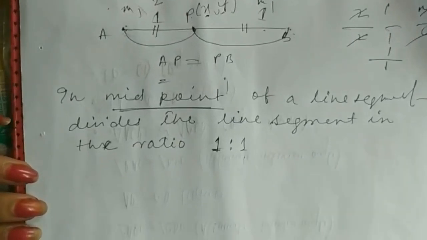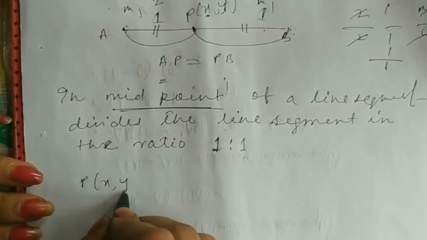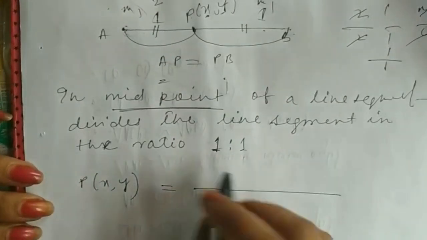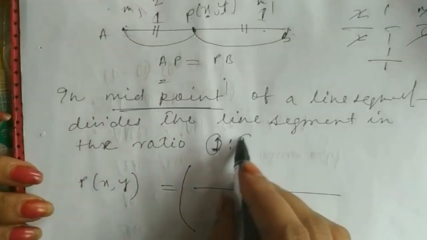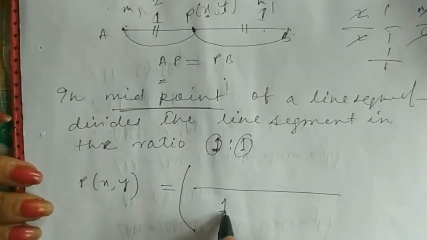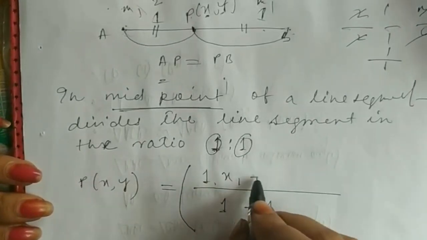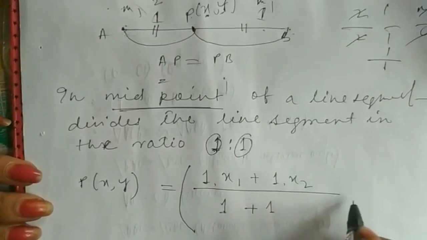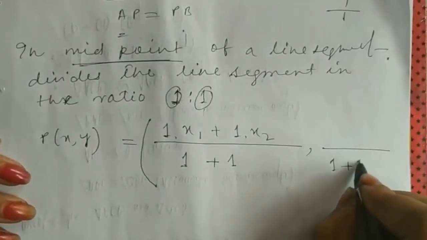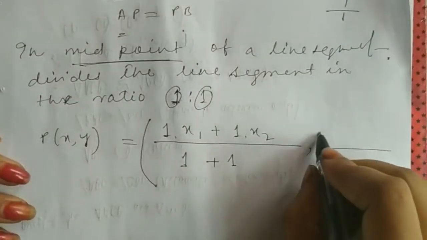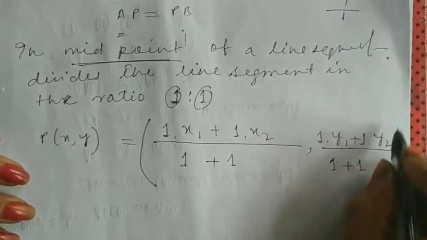So here, the coordinate of P is what? The coordinate of P, X comma Y. Here the ratio is 1:1, that means M1 is 1, M2 is also 1. So M1 plus M2 is 2, and we get M1 into X1 plus M2 into X2, comma, M1 into Y1 plus M2 into Y2 over M1 plus M2.